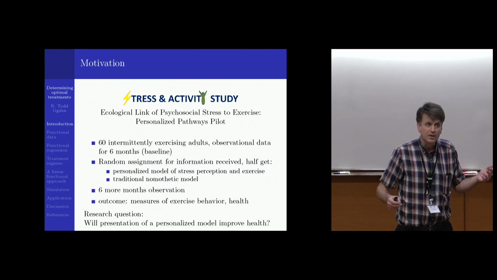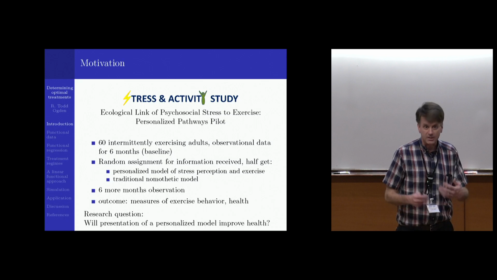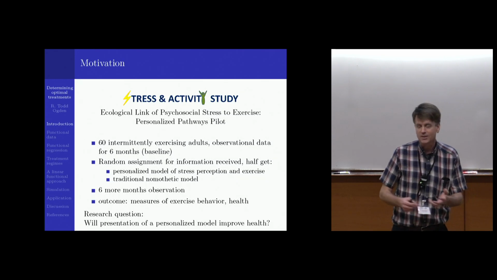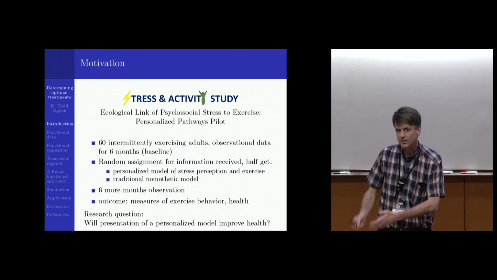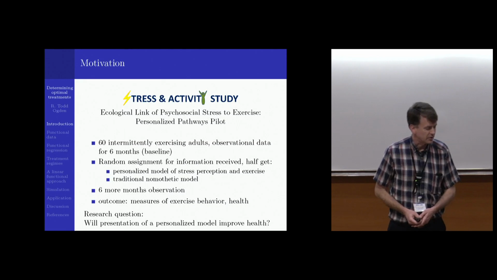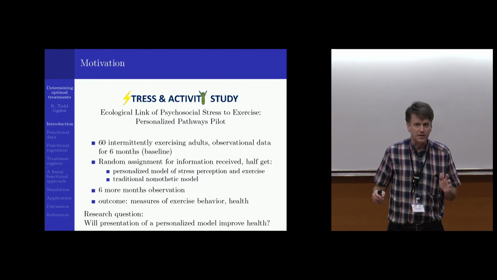That's a whole other project, right? How do you incorporate these two? But they teach this person how stress affects exercise, or exercise affects stress. I don't think they're making any judgments about which direction the arrow goes. That's what half the people get.